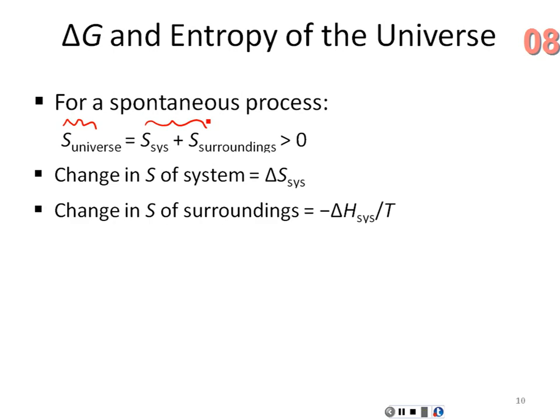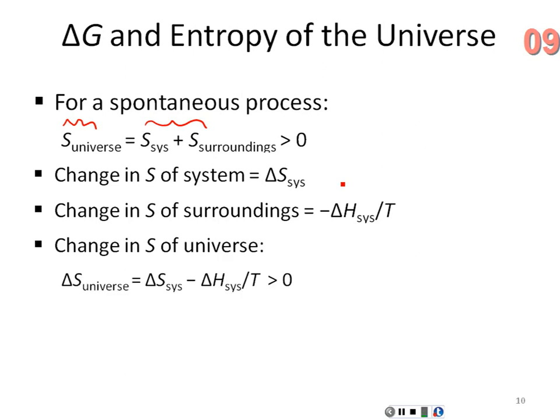The change of entropy in the surroundings, if we remember from last time, is equal to minus delta H of the system, so minus the heat of reaction, divided by the temperature at which that reaction occurs. And we can plug these values into our equation from the second law. This becomes delta S of the universe equals delta S of the system minus delta H of the system divided by temperature. And this has to be greater than 0.